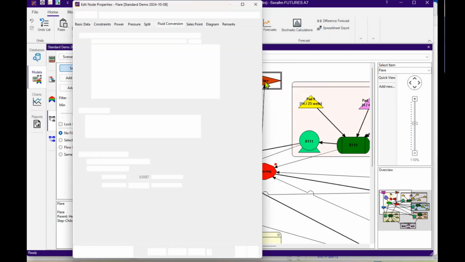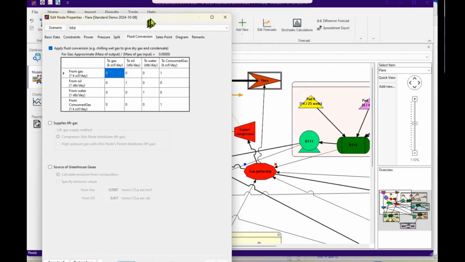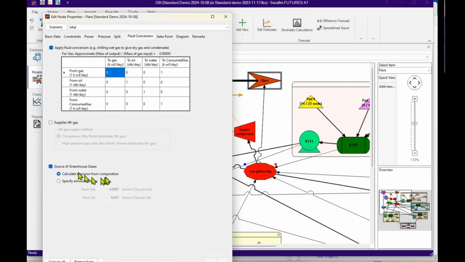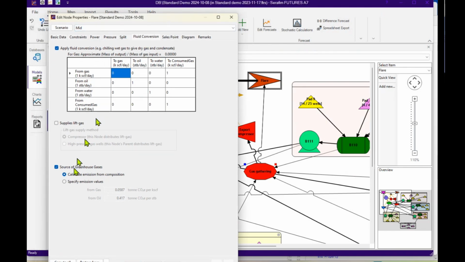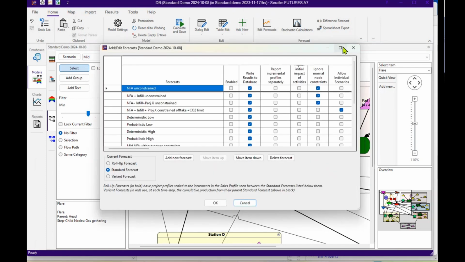And there should be similar greenhouse gas emissions defined at the flare, and that's easily set up by, again, specifying that it's a source of greenhouse gases, and you can specify specific emission values, so many tons of CO2 per kilo scuff, so many tons per barrel, but here we'll stick to the standard of calculating it from composition.